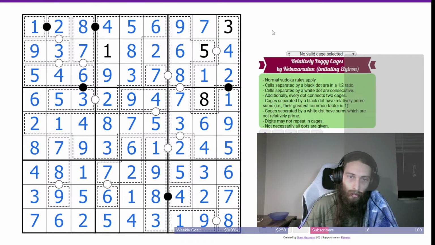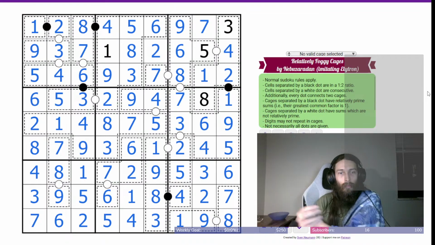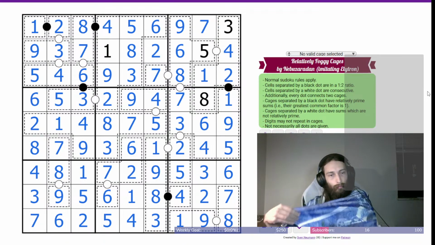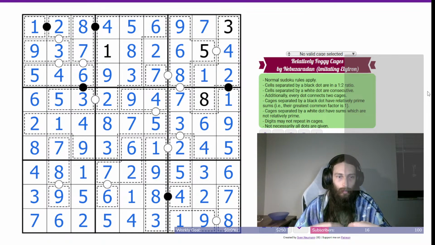It's at least hard. I almost want to go with very hard. Because I'm really good with factoring.